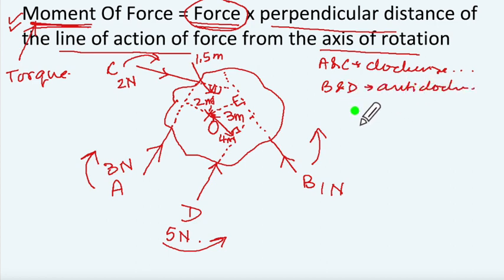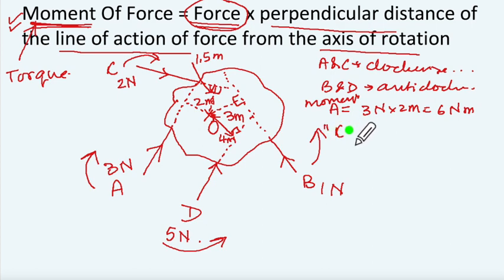Now they can ask you which force is causing the least moment and which is causing the most moment. So for each one of them, you will have to find out. For A, the moment is going to be the force multiplied by this. So that is 3 Newton into 2 meter, which is 6 Newton meter, and this is clockwise.